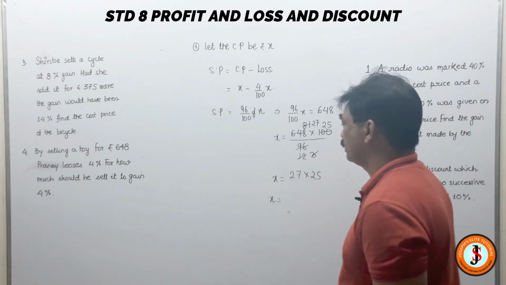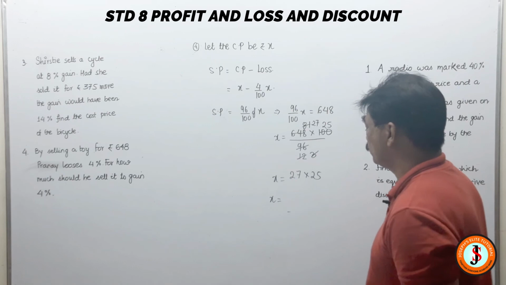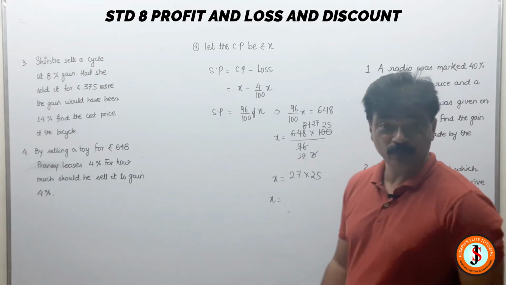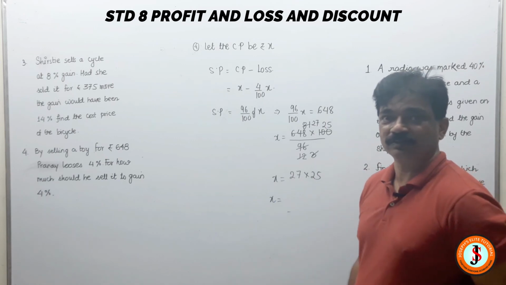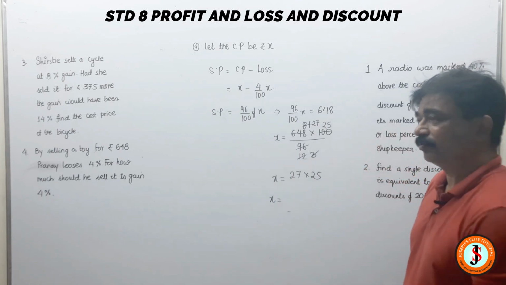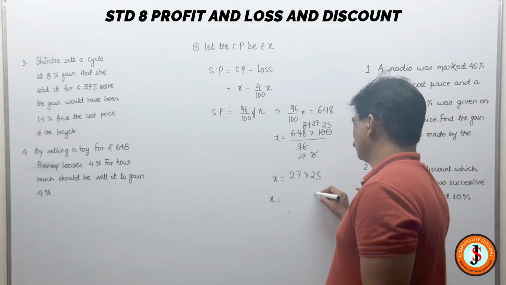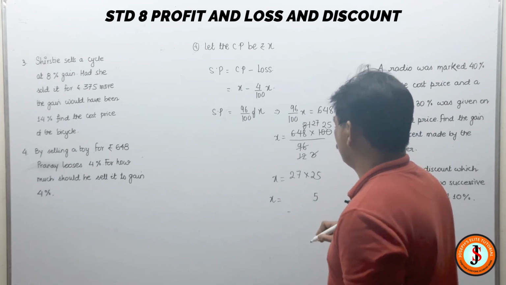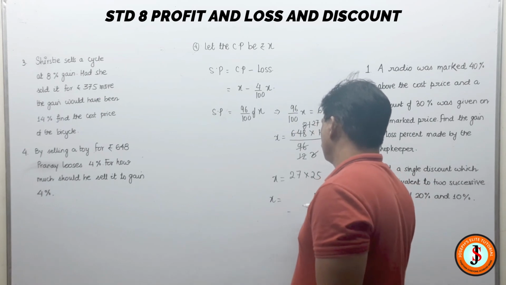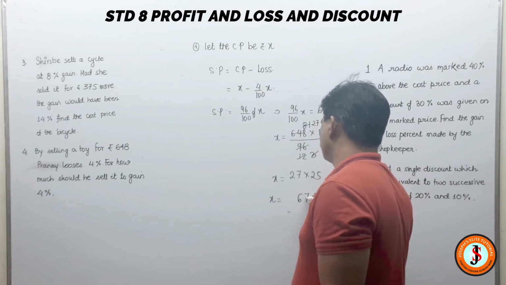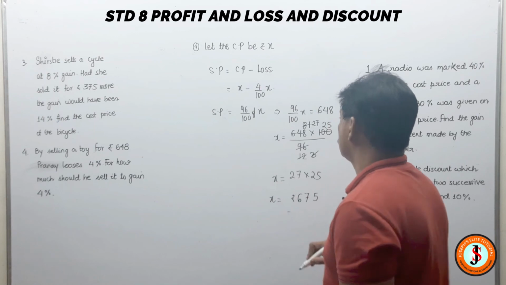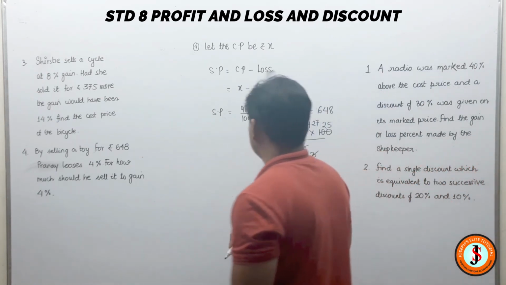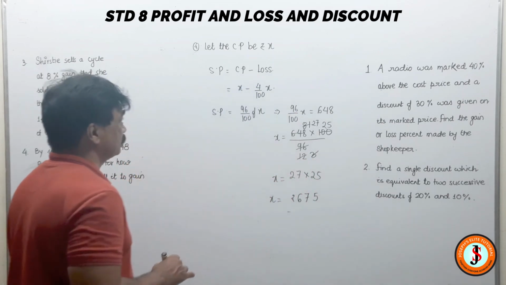Can you guess fast? Somebody calculate. So yeah, it is 675. Sorry, the CP is 675. X is the CP.